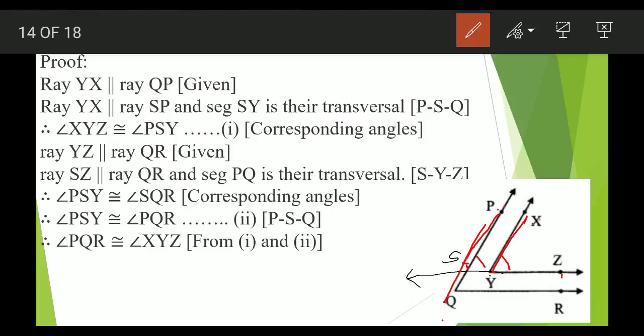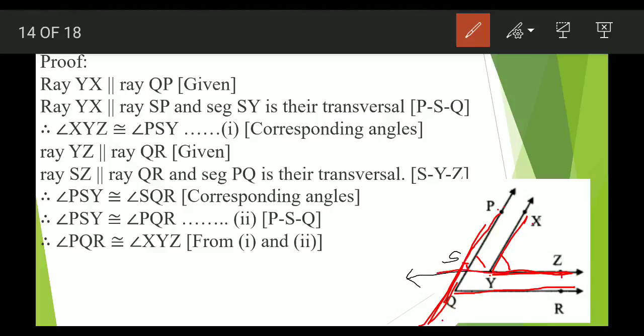Next, ray YZ is parallel to QR, where PQ is the transversal.